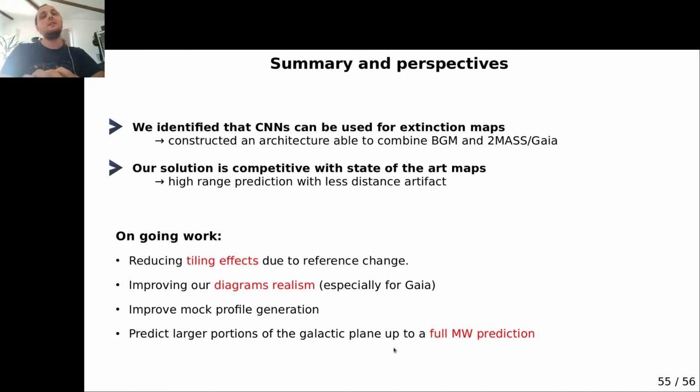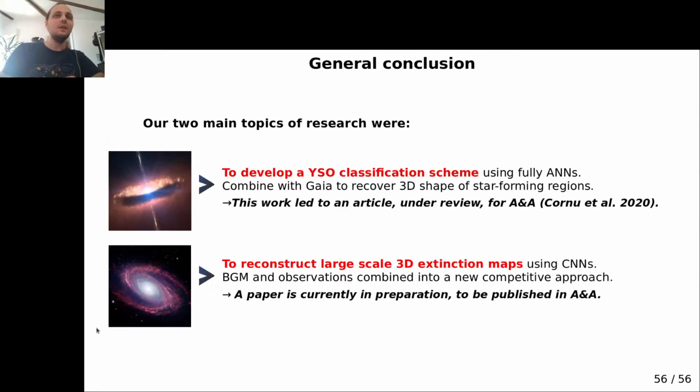And finally, obviously, we want to perform at some point a full Milky Way plane prediction in order to provide complete extinction maps. So here is just a general conclusion to remind the two subjects I have developed today, and I will be open for questions now if some of you still have time for this.